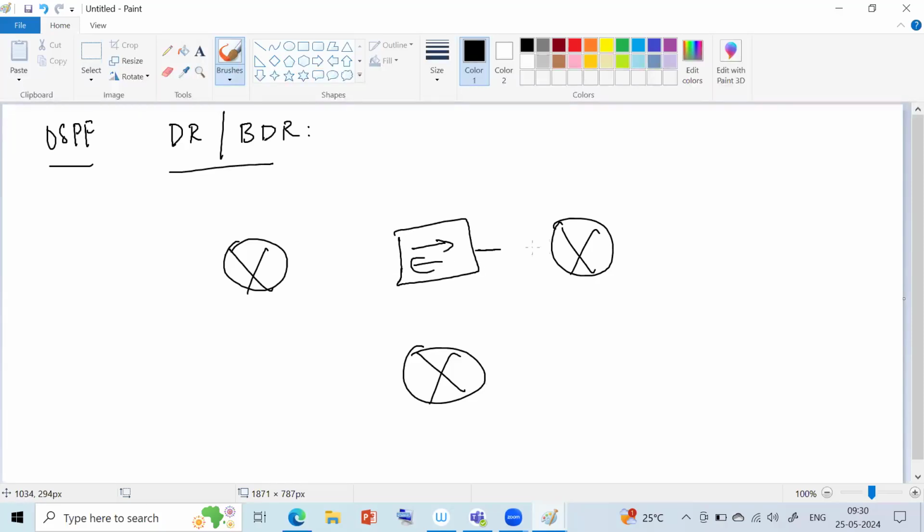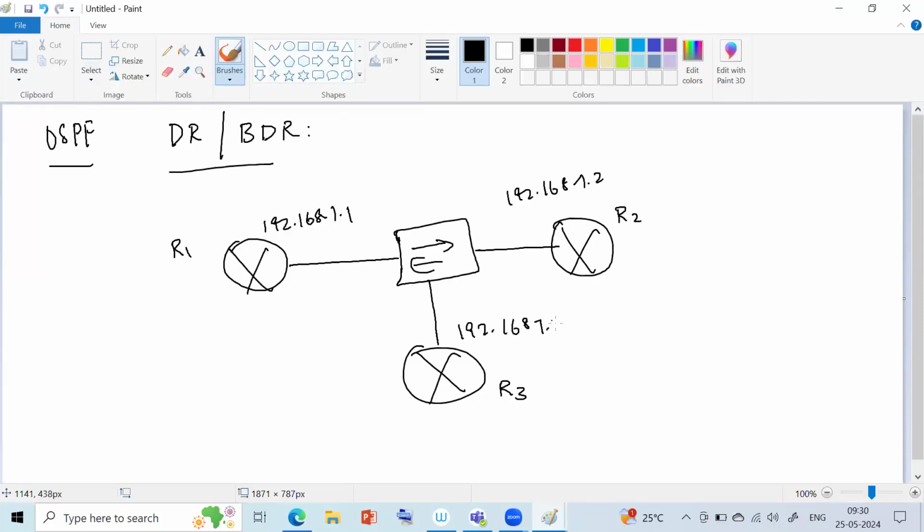Now let's consider a switch connected to 3 routers, right? 3 routers: 192.168.1.1, 192.168.1.2, 192.168.1.3.